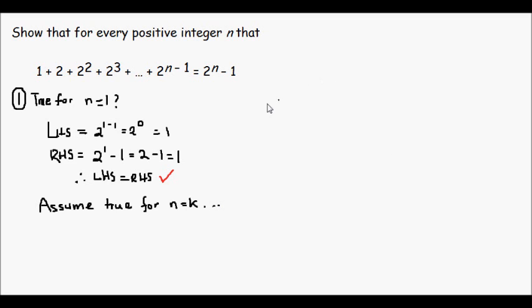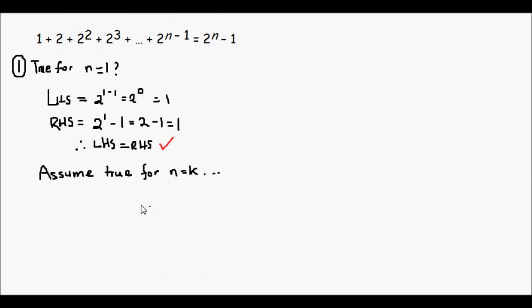If I sub in k into both sides of the equation, I'll get 1 plus 2 to the power of 1 plus 2 to the power of 2 plus 2 to the power of 3 plus dot dot dot plus 2 to the k minus 1, and that should equal 2 to the power of k then minus 1. And note, I've just assumed that this statement is true.